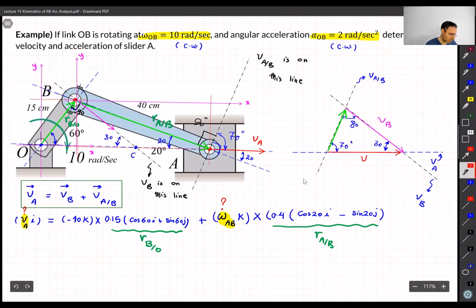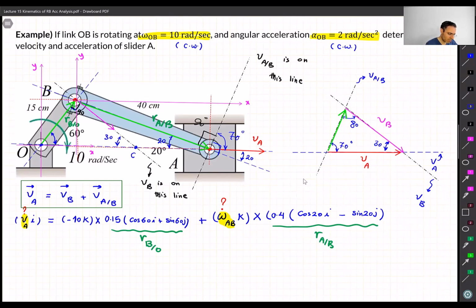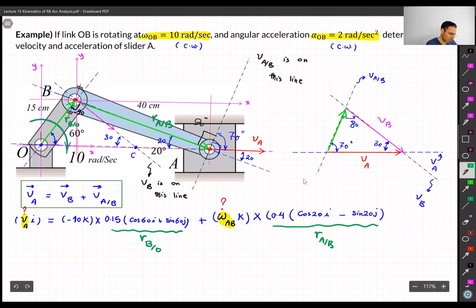So this has to be VA, and this has to be VA with respect to B, because keep in mind, this is the relation that we have. Right now it makes sense because we start from this point, we add VA with respect to B, we add VB to it, we get to this point. We start and we end there, and VA is the sum of these two vectors.